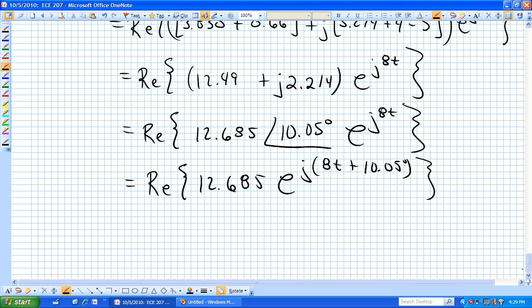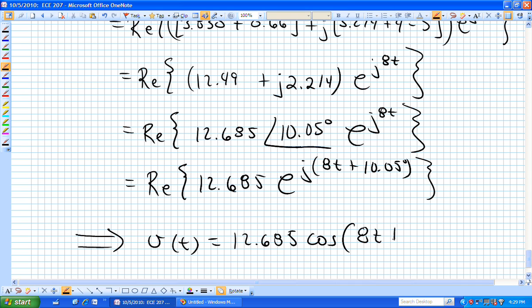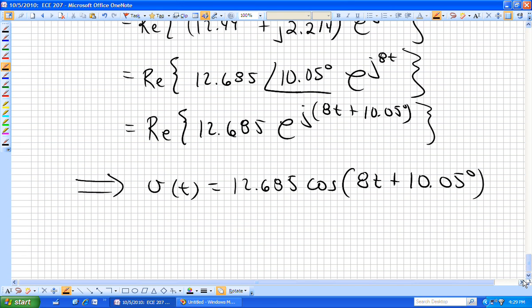And if we take the real part of that, we now see that v of t is actually 12.685 in magnitude cosine 8t plus 10.05 degrees. And that's now the combination of those three voltages that started out at, I don't even remember what, 5, minus 4, and 10, with one of them actually being a sine.